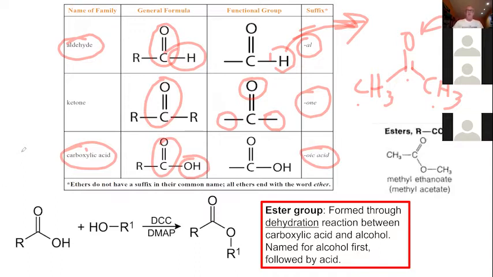And then another group that we won't deal with a lot, but I sort of did want to introduce it, is called an ester. So the reaction that forms esters is you take a carboxylic acid like this one and an alcohol like this one, and it's a dehydration reaction. So it removes that hydroxyl group and it removes that hydrogen.